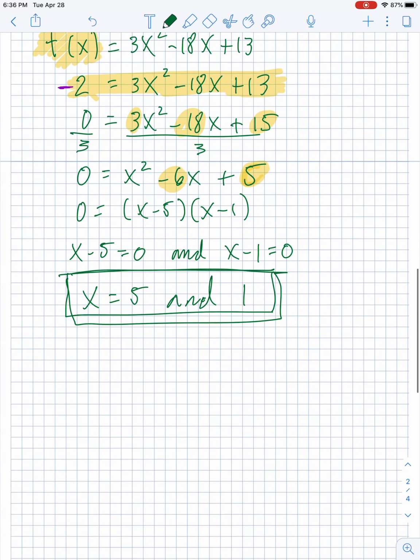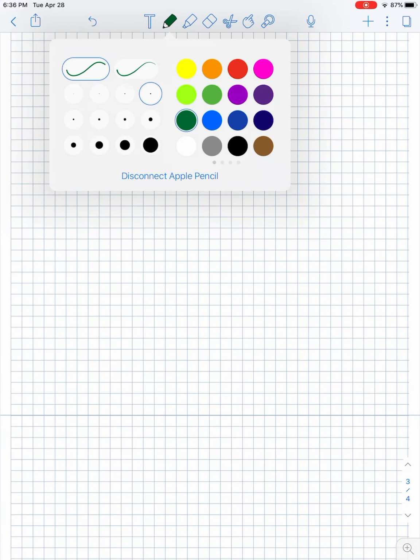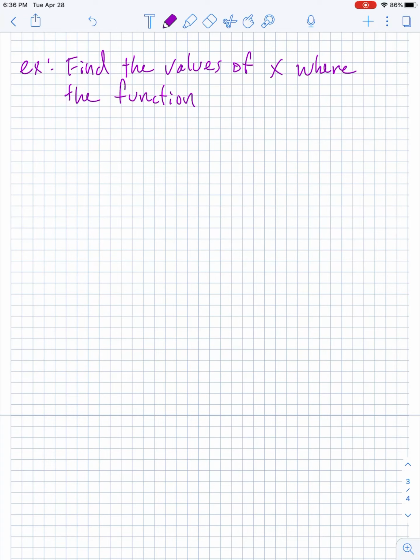Okay, one last thing I'm going to show you guys. Find the values of x where the function g of x is equal to x cubed minus 3 halves x squared minus 18x minus 1.